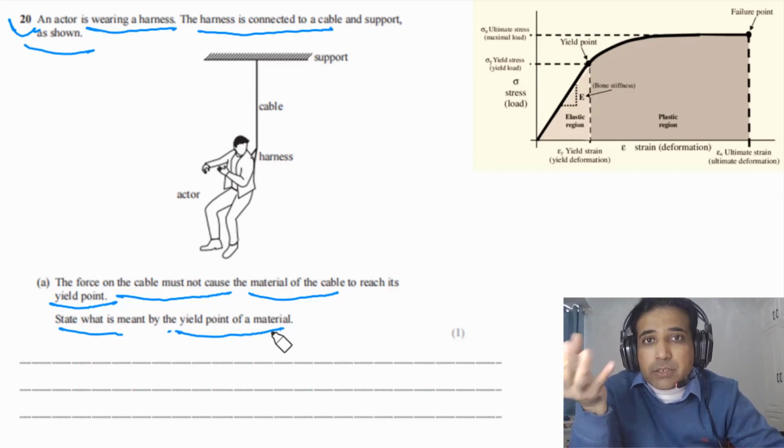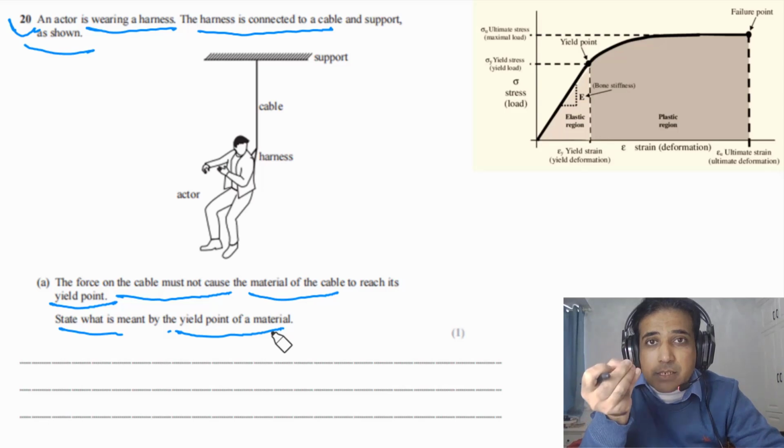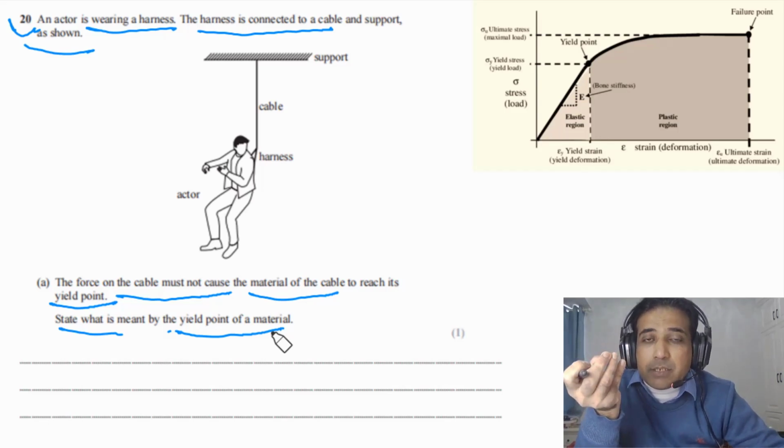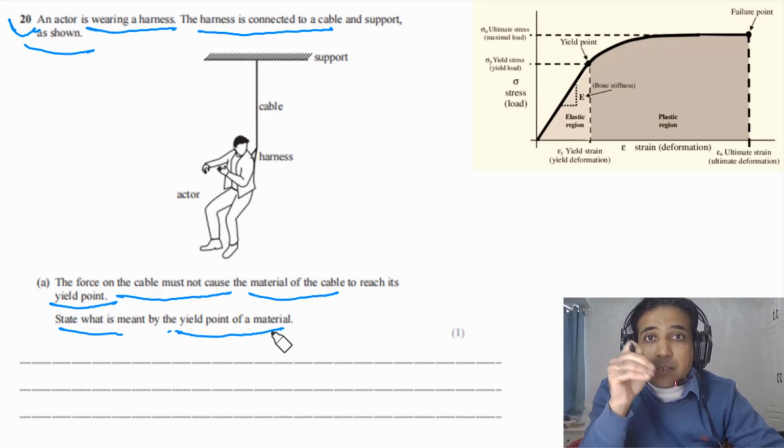Or simply we can say yield point is a point at which there is a sudden increase in plastic deformation, or a large plastic deformation. Yield point is very important when we manufacture or design something, so the safety factor is linked with the yield point of a material.